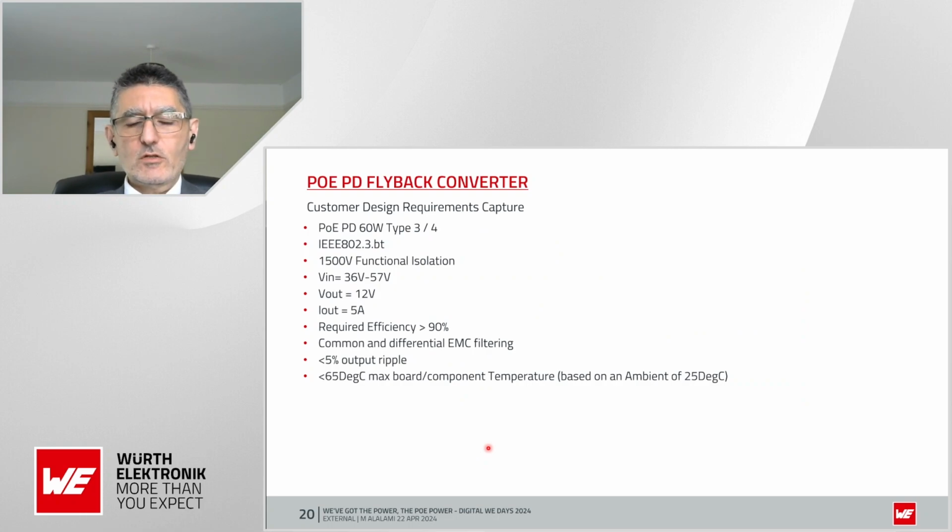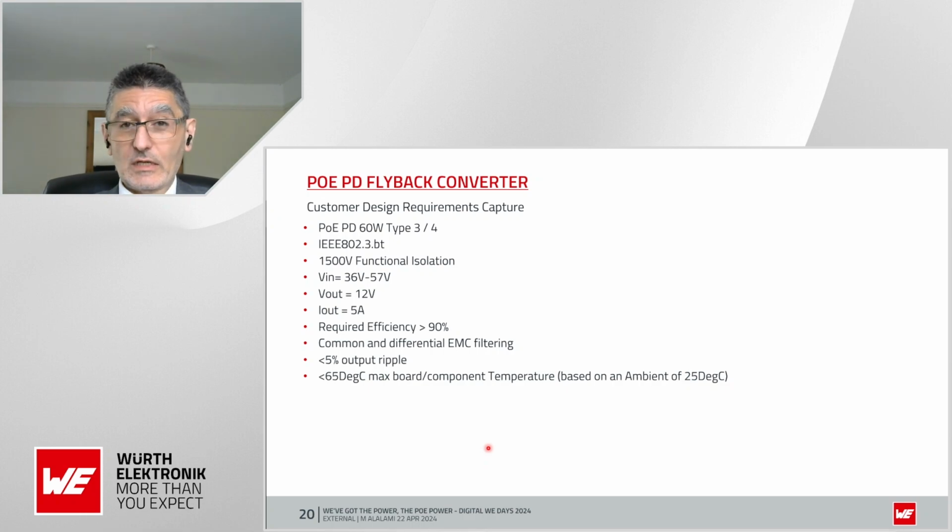So we start off with the design requirements captured from the customer. We needed a 60 watt, so type 3, type 4 PD, again the IEEE 802.3bt standard, 1500 volts functional isolation, input voltage 36 to 57, and output voltage 12 volts at 5 amps, and the required efficiency was greater than 90%.